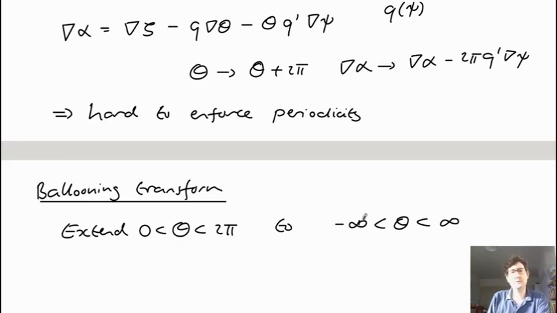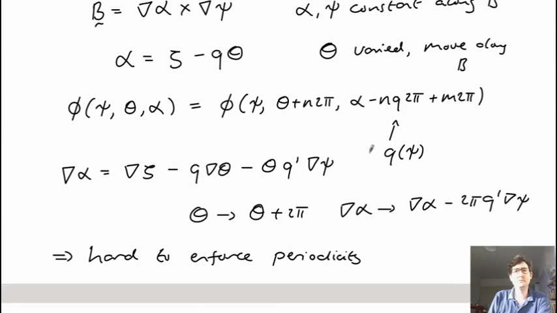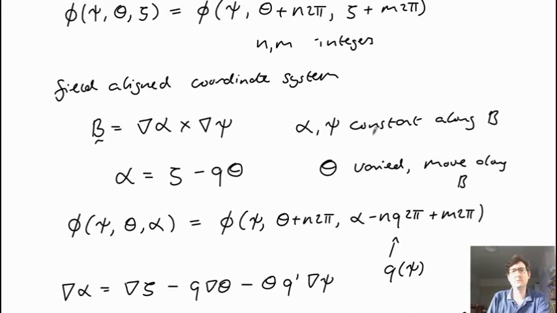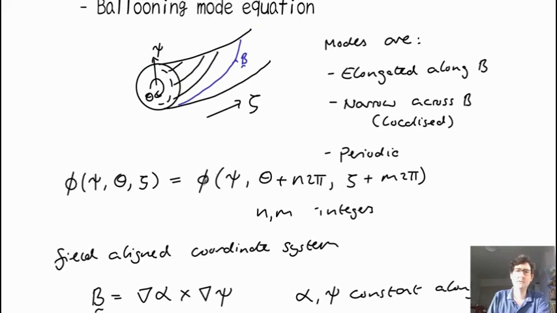What you can think about this as is that, instead of constructing something in a torus, we're constructing something along the field lines. In this coordinate system, theta is the parallel direction. Say we start at this location, theta equals 0. As we increase theta, we go around the torus and end up back somewhere else, over here.